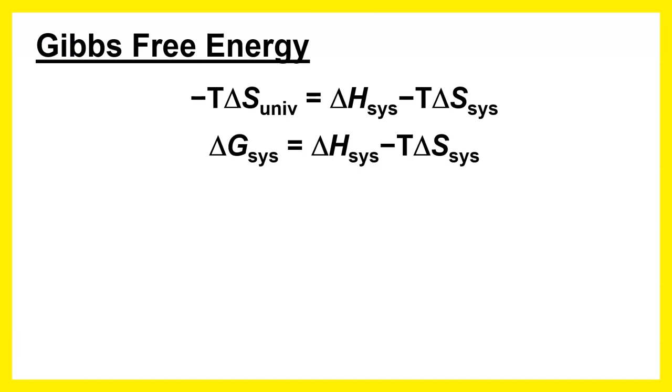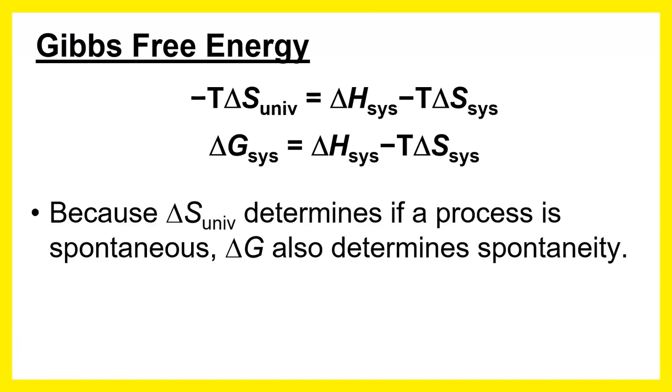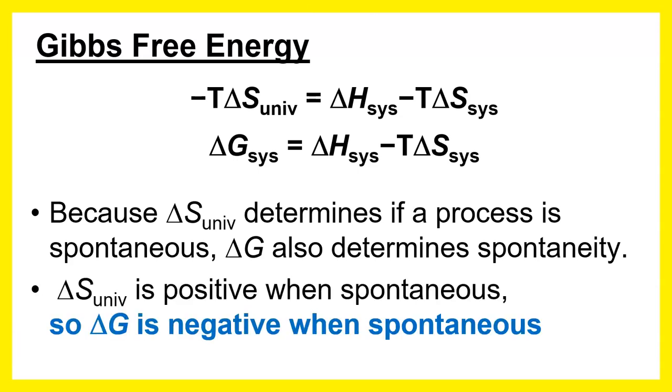You can see here, they're functionally the same. Therefore, because the change in entropy of the universe decides whether something's spontaneous, that's why delta G can determine if something is spontaneous. If delta S of the universe is positive, then delta G ends up negative.